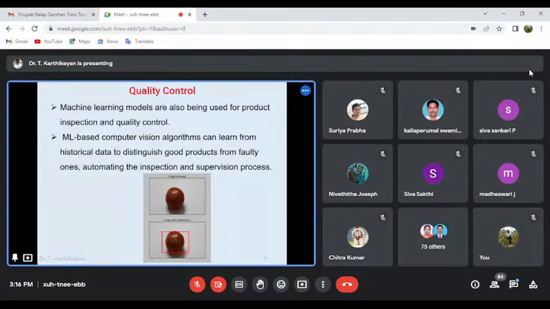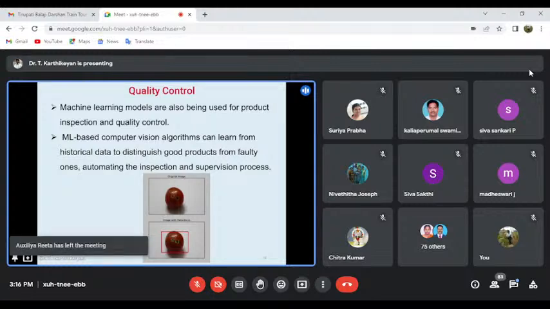See here, previously the human had to intervene. The human had to check each and every item manually. It takes a lot of time and wastage of human power. By keeping a single camera and applying this algorithm, it can be used in image processing.